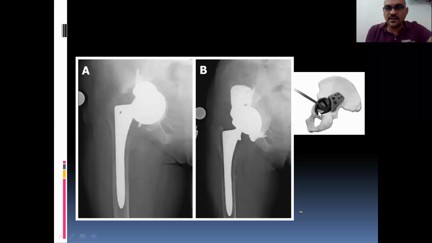As in B, this picture will show you the augment that is used to augment the defect which has occurred in the superior and posterior side.